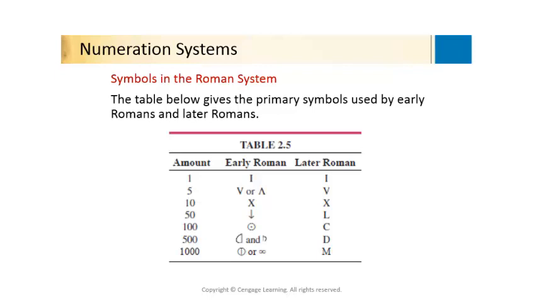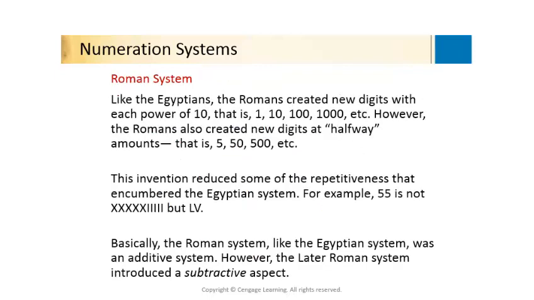They kind of advanced the system a little bit. And this is also a little discussion about the Romans, talking about it being an additive system. And then later on, the Romans also introduced a subtractive element to their system, but they didn't do that at first. At first it was purely additive.